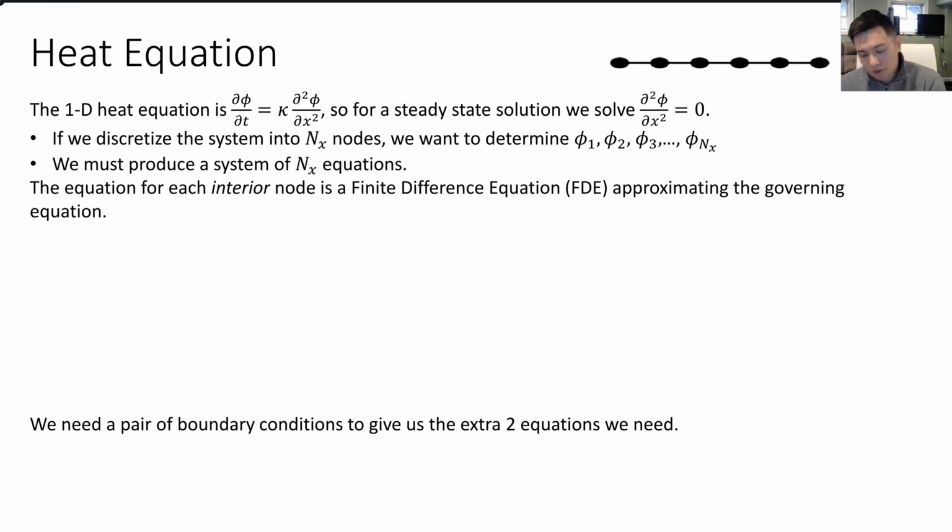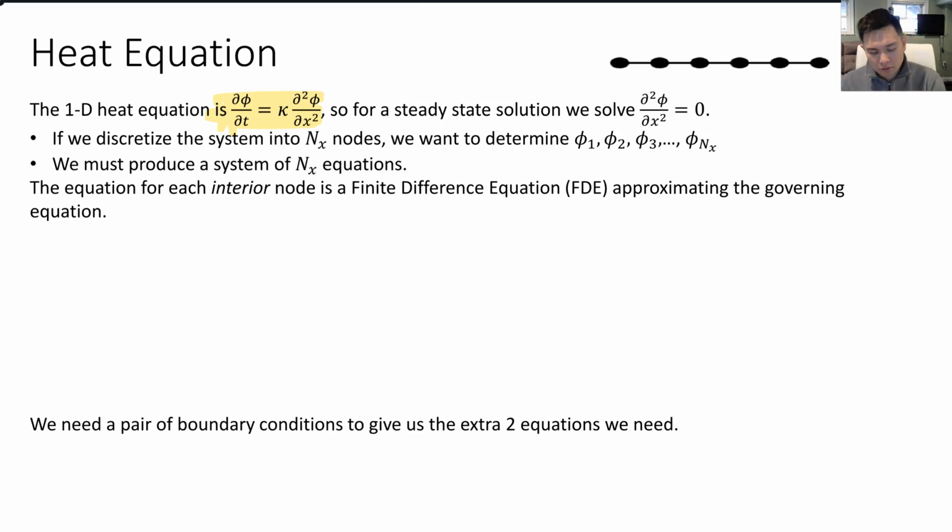So the 1D heat equation is d phi dt is equal to kappa times d squared phi dx squared, where kappa is our diffusivity coefficient.